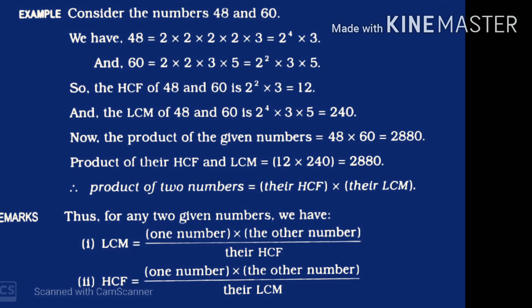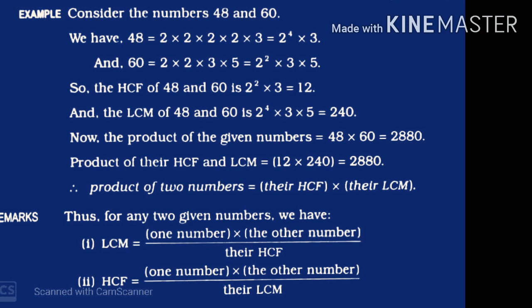So we have 48 equal to 2 to the power 4 into 3 and 60 equal to 2 to the power 2 into 3 into 5. So our HCF is of course 2 to the power 2, the smallest power of the common factors of both the numbers 48 and 60, into 3, that is equal to 12. And for the LCM, we have to consider the highest of all the factors.